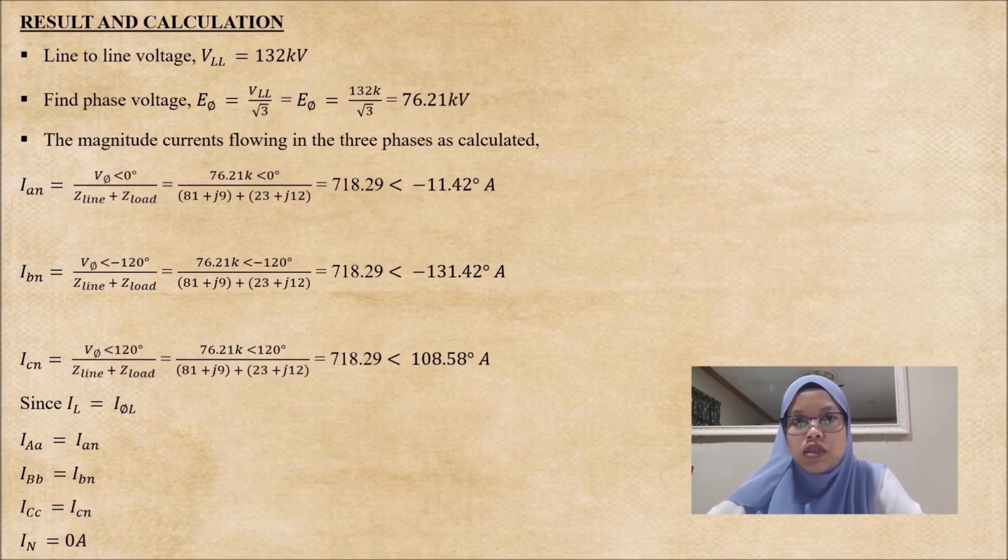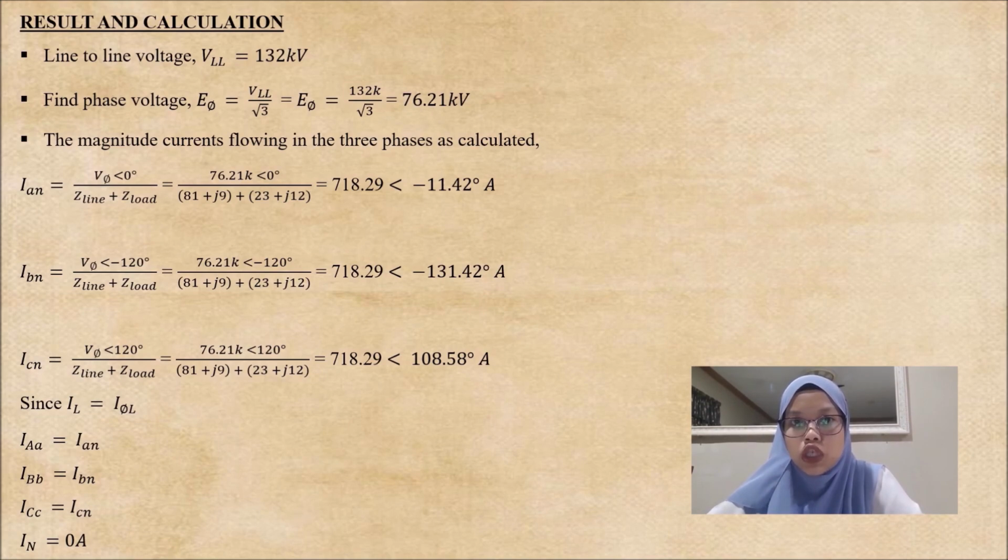So as a result in this project, I've done the calculation to find all parameters. Line-to-line voltage is equal to 132 kilovolt as given in the appendix. To find the phase voltage, I use the phase voltage formula.